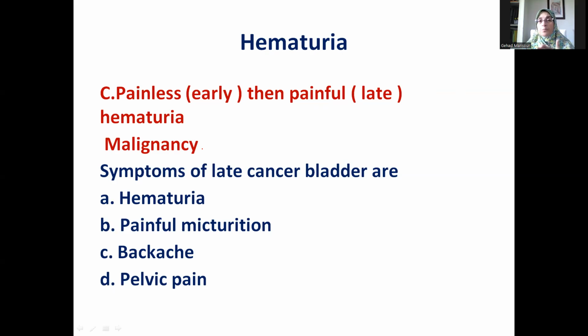that start with painless hematuria in their early stages and then turn out to be painful, like, for example, cancer bladder. So malignancy or malignant tumors in the bladder, for example, if this is the urinary bladder, you might have an outgrowth like this that consists of malignant cells.